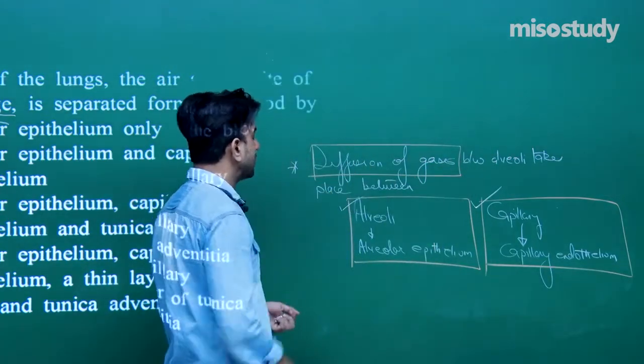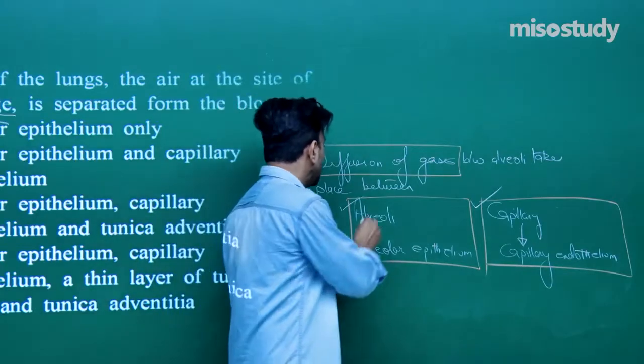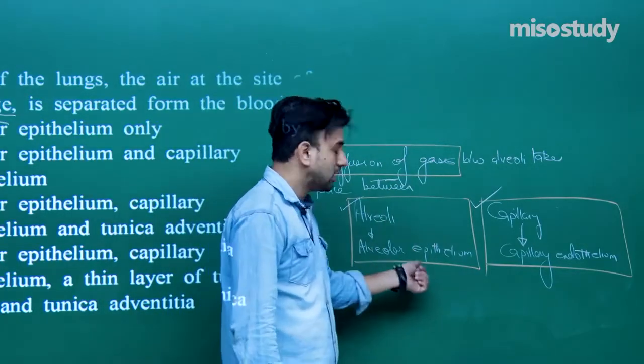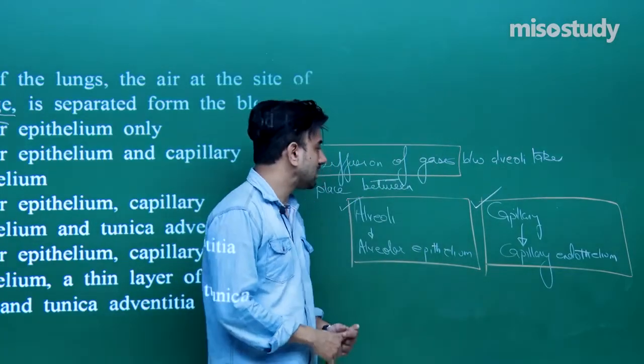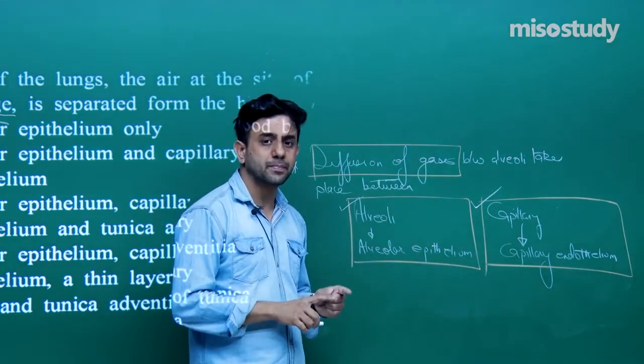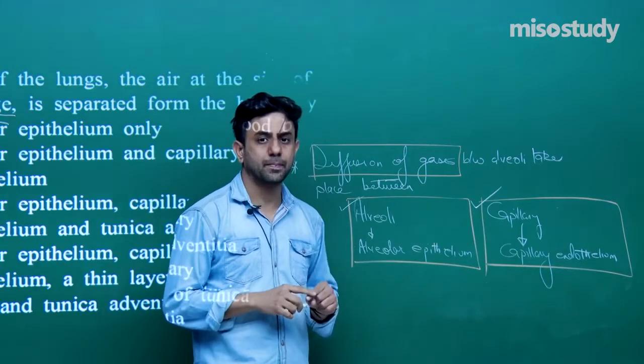So, diffusion of gases takes place between the alveolar epithelium and the capillary endothelium, and that is how the diffusion of gases is taking place.